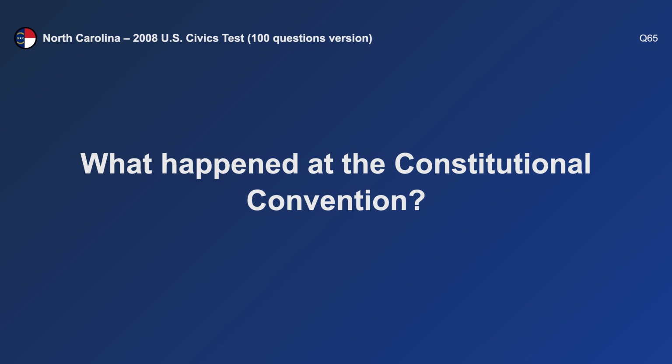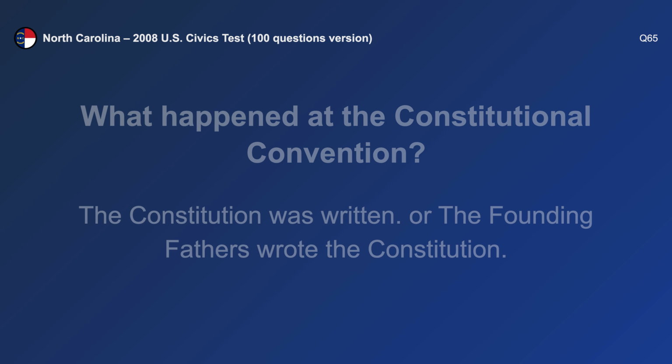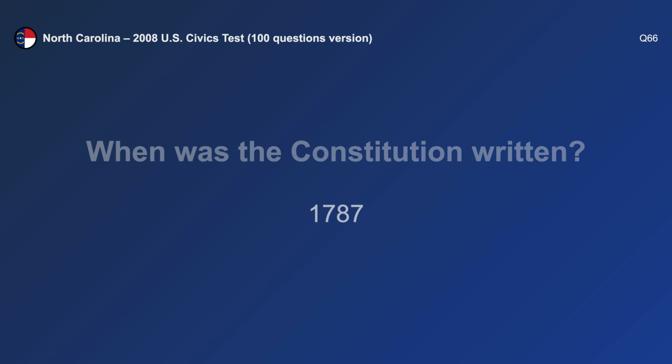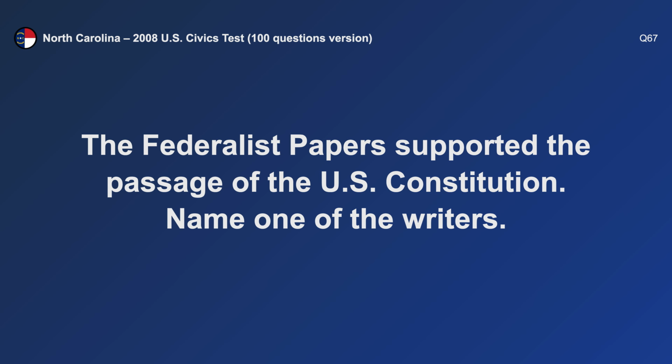What happened at the Constitutional Convention? The Constitution was written. When was the Constitution written? 1787. The Federalist Papers supported the passage of the United States Constitution. Name one of the writers.